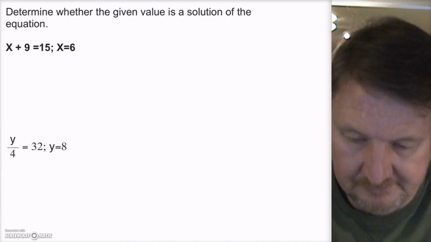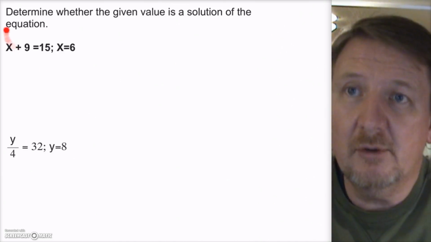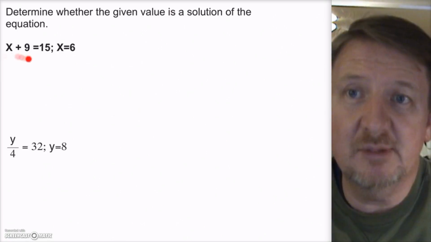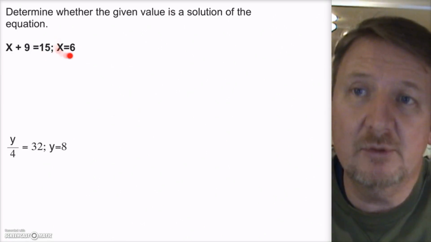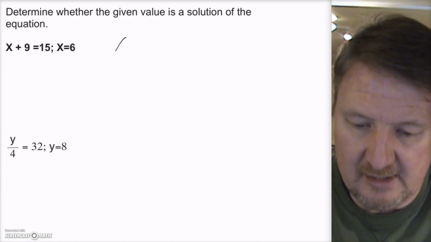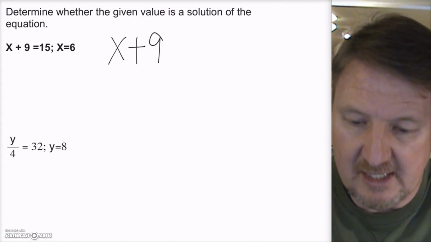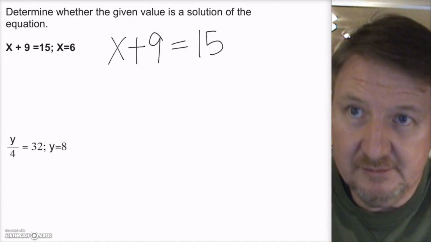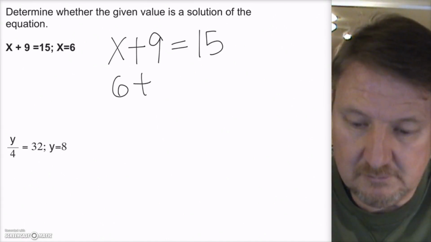So here we're going to determine whether the given value is a solution of the equation. We have x plus 9 equals 15, and we're told that x equals 6. Then we're going to plug 6 into the equation.